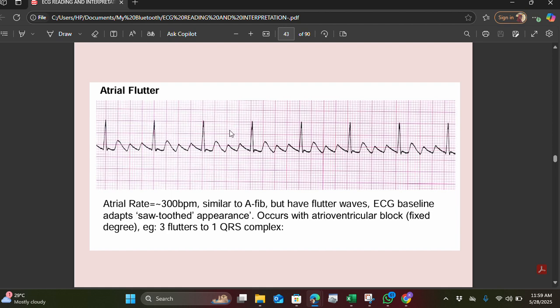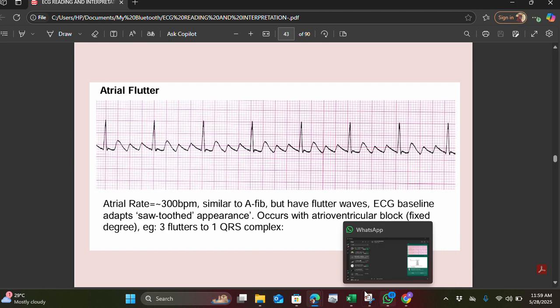And because the RR interval is consistent, which is a criterion for regular, that makes it regular. Also be careful not to mistake your T wave for a P wave. All right, so that is what we need to know about regular and irregular reading. Let's continue.